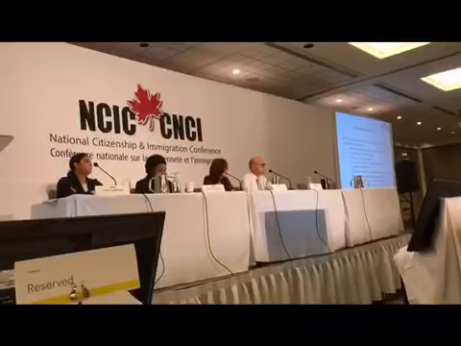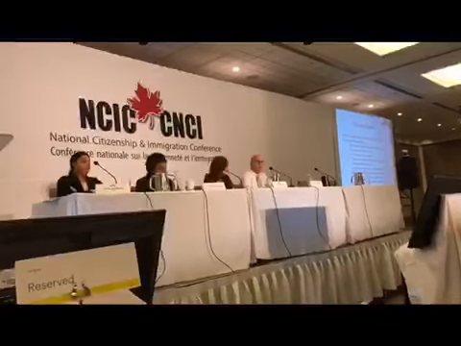So Regulation 117: a foreign national is a member of the family class if, with respect to a sponsor, the foreign national is A, the sponsor's spouse, common law partner, or conjugal partner, as in Gubby's presentation, B, a dependent child of the sponsor, C, the sponsor's mother or father, D, the mother or father of the sponsor's mother or father.